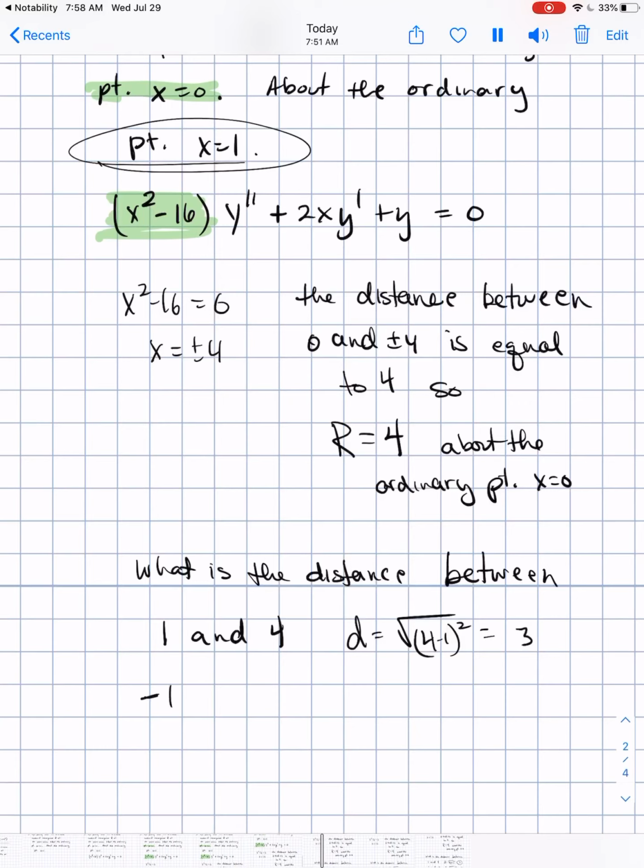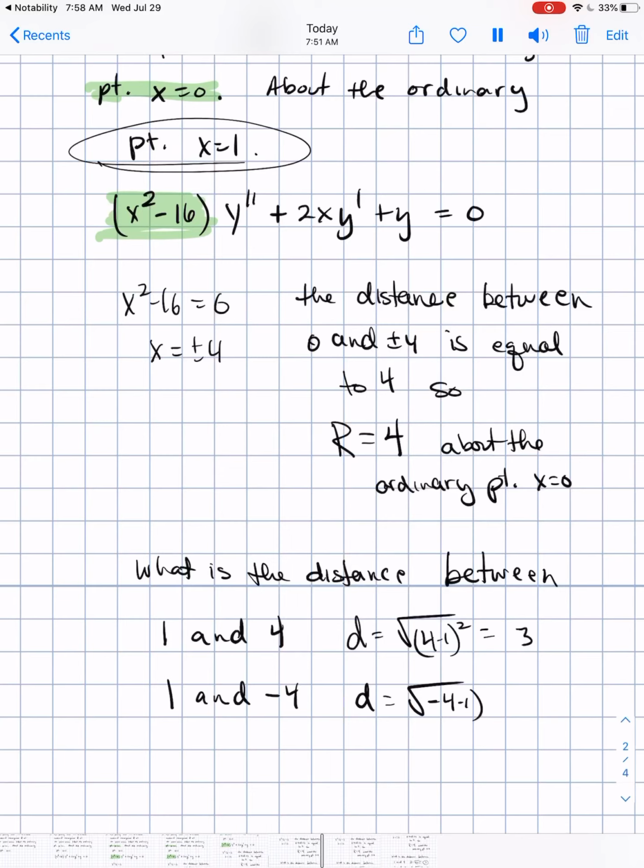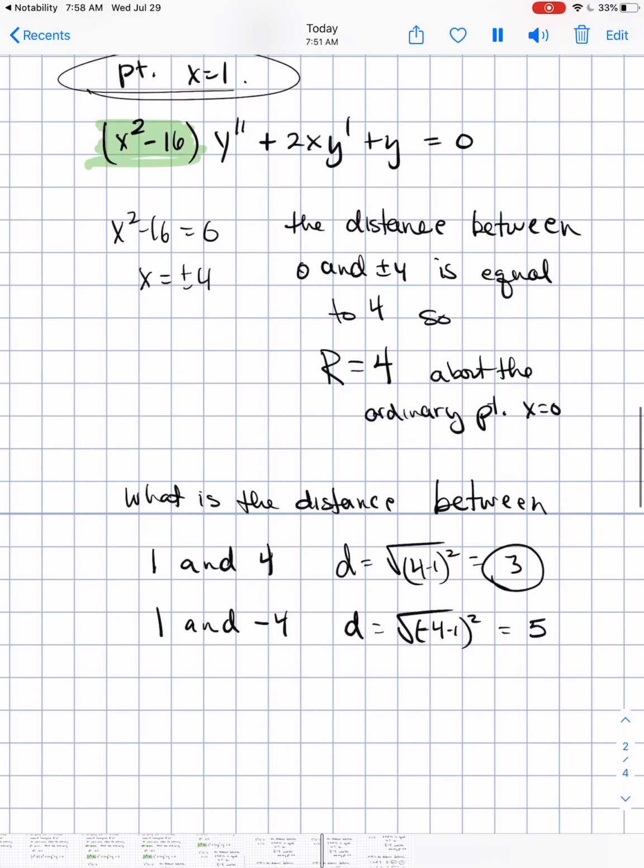And what about between 1 and negative 4? So the distance there, if you're doing this, you'll have negative 4 minus 1 squared, which we know will wind up being 5, because you'll get 25. So the minimum radius of convergence will be 3.